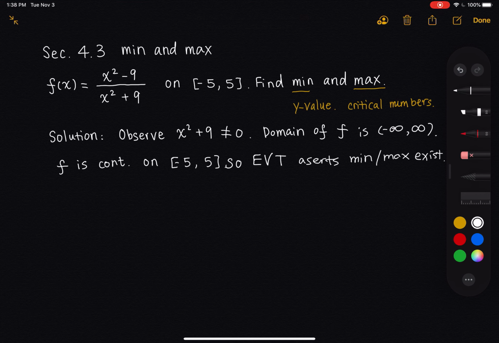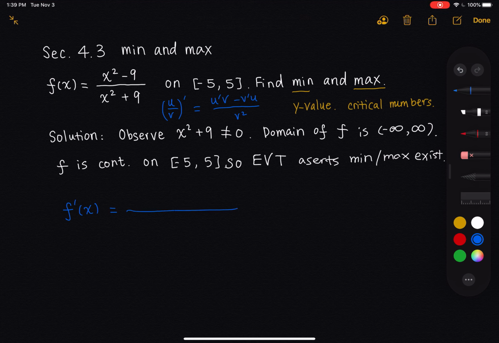What we need to do is we find its derivative. So f prime of x equals, and we have a quotient, so we call the quotient rule, right? So u over v, when you take the derivative, equals u prime v minus v prime u, over v squared.